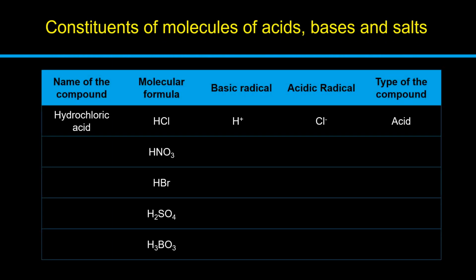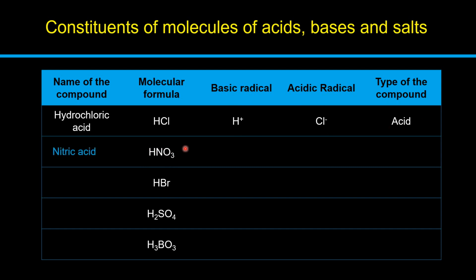Children, there is a tabular column given in the textbook and one row is filled as an example, that is hydrochloric acid. The molecular formula is HCl, the basic radical is H+ and the acidic radical is Cl-. With H+ available, we can classify it as an acid. So we'll see the second one. HNO3 is the second molecule.